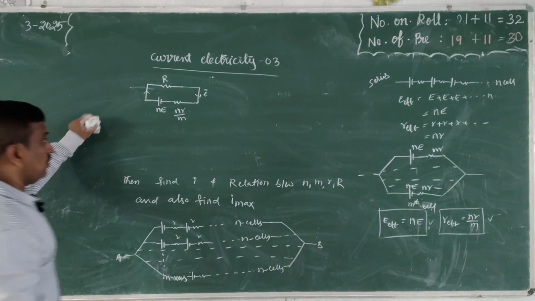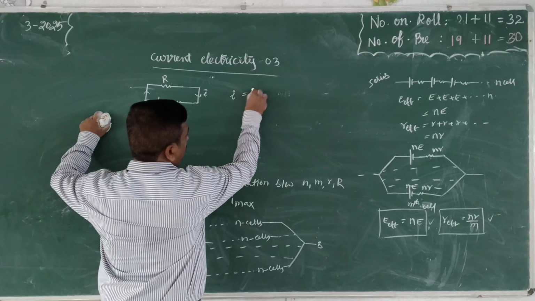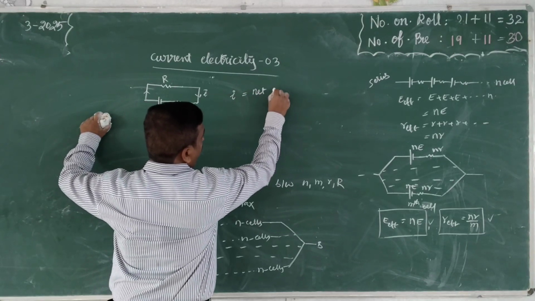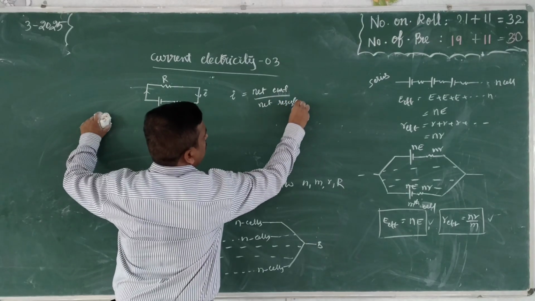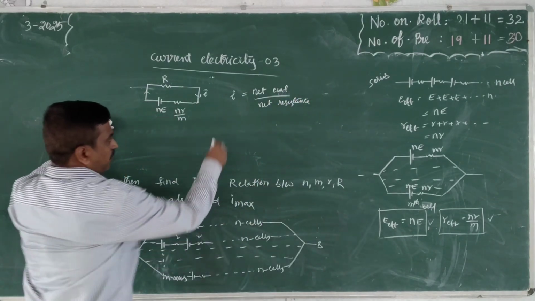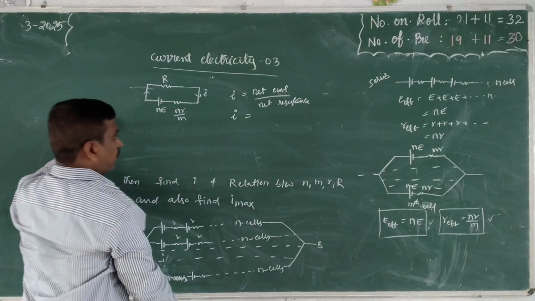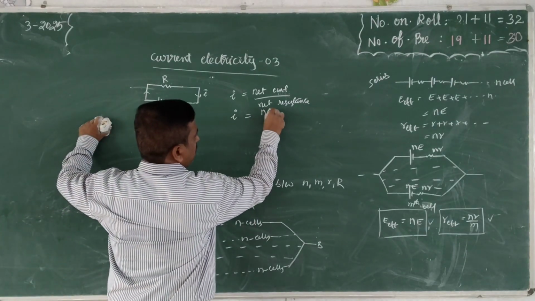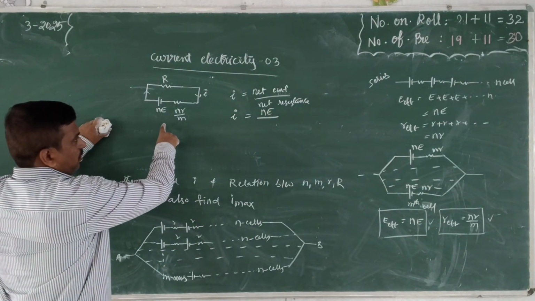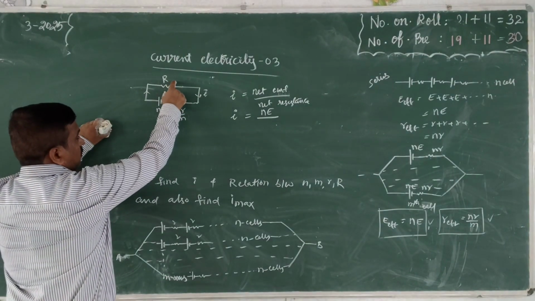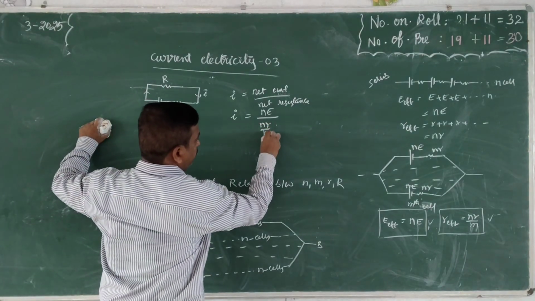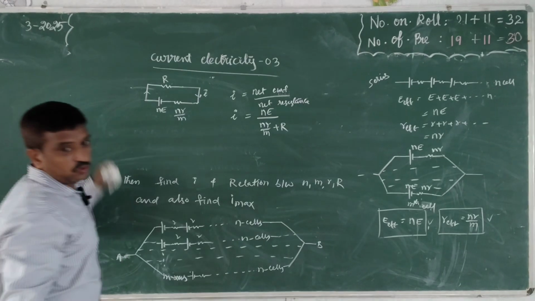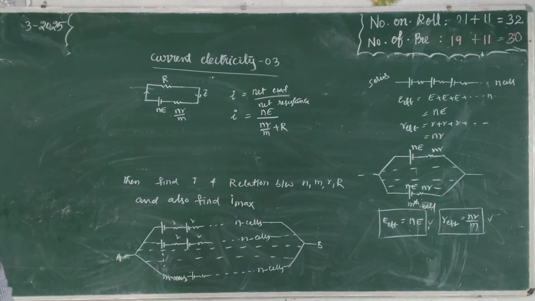So I equals net EMF by net resistance: I equals nE divided by nr by m plus R, the total resistance, internal plus external.